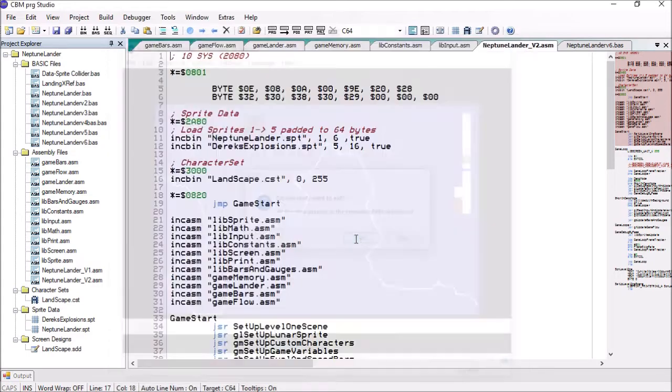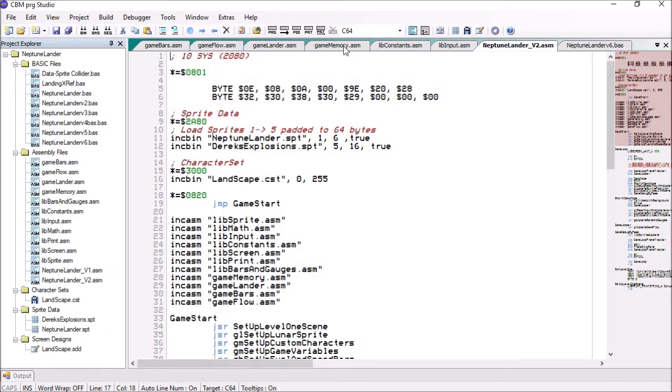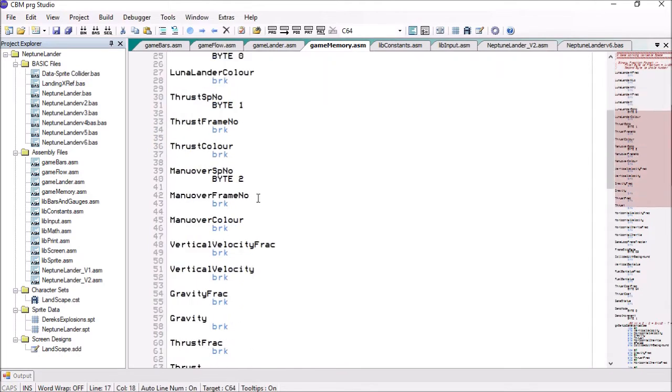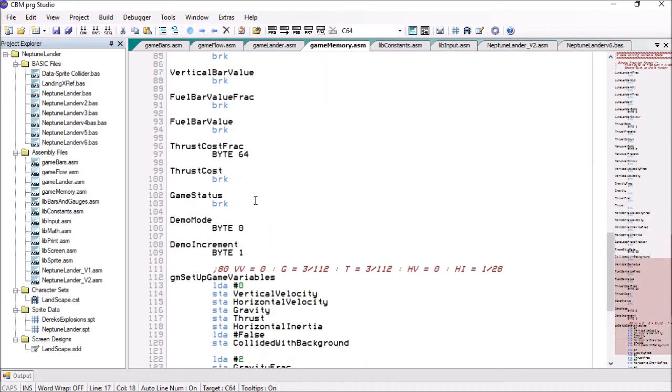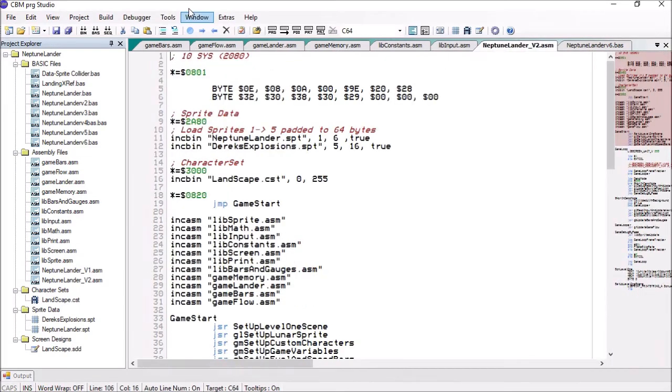Let's turn debug on, because I think I turned it off. Memory. Can't remember now. I think that's it. It's been a few weeks since I've looked at this. Unfortunately, work's got in the way.